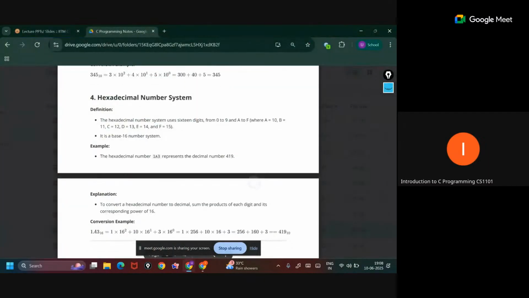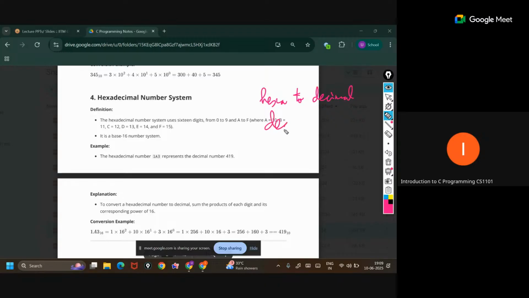Okay, so similarly, we can have a conversion from hexadecimal to octal also. How to convert hexadecimal to octal? Any idea? Actually, for hexadecimal to octal, there is no straight conversion. So what we have to do here is hexadecimal to decimal. Then, of course, we have to use the decimal to octal conversion. That's it.